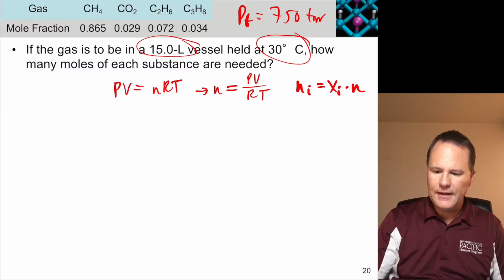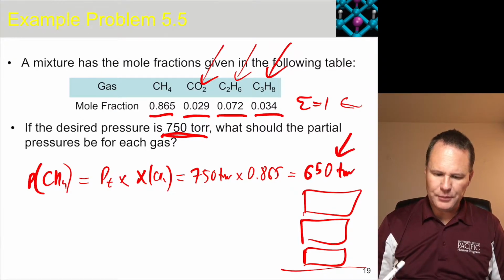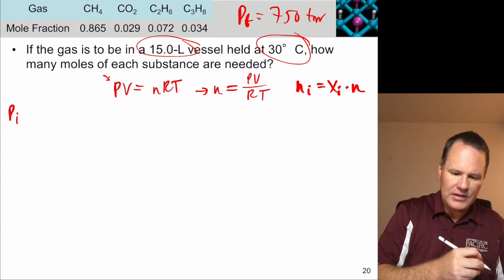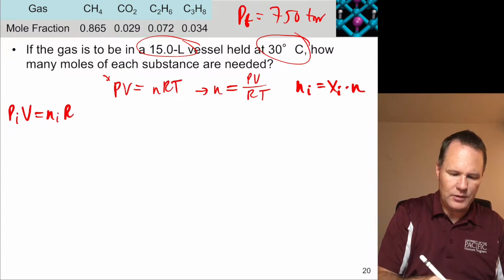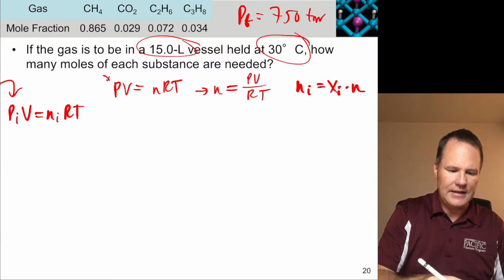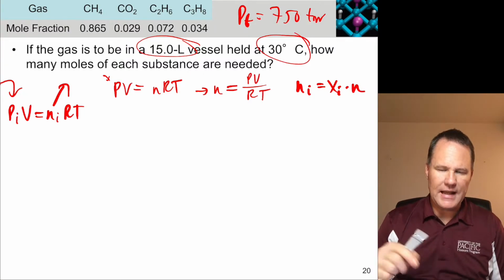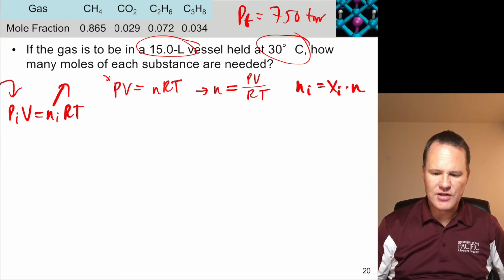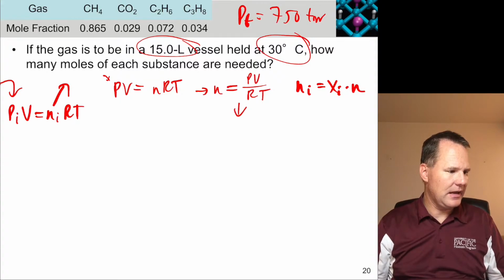Or I can take the calculated partial pressure and put it into P for each individual component times V equals n of that component RT, right? So what I calculate from the previous goes in here, and then I would get the individual number of moles. So if I did all the calculations on the previous page, I would do that. But in this case, why don't I just calculate this total number of moles and use the mole fractions? So how would that go?